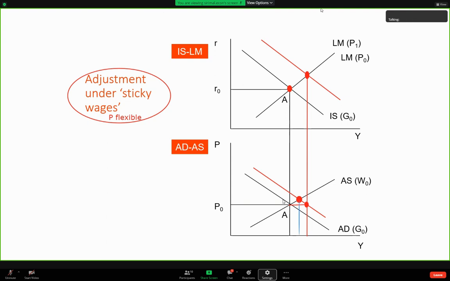We will explain why. In other words, the increase in output level is smaller than in the previous case. So we extend this line all the way up to this one. Why do we do that? Because you can see the price level has gone up.